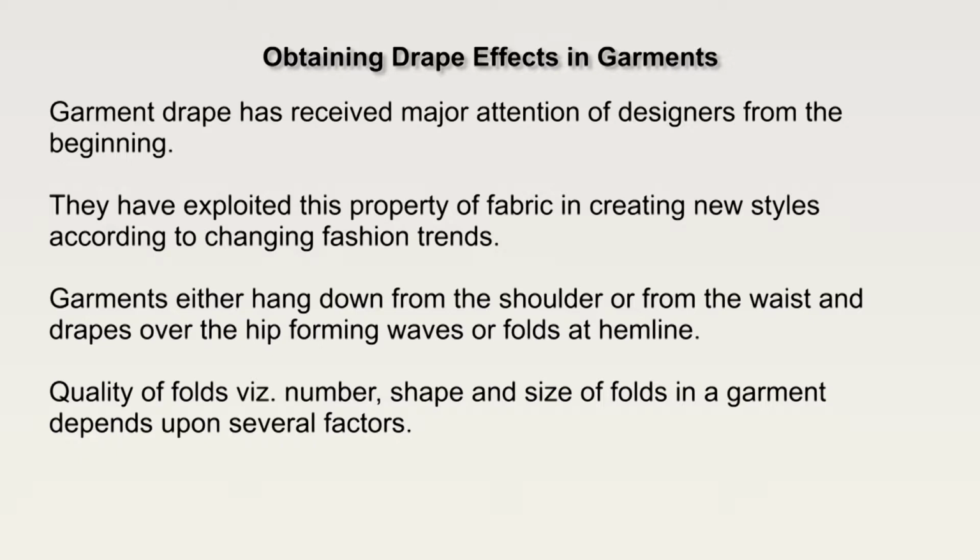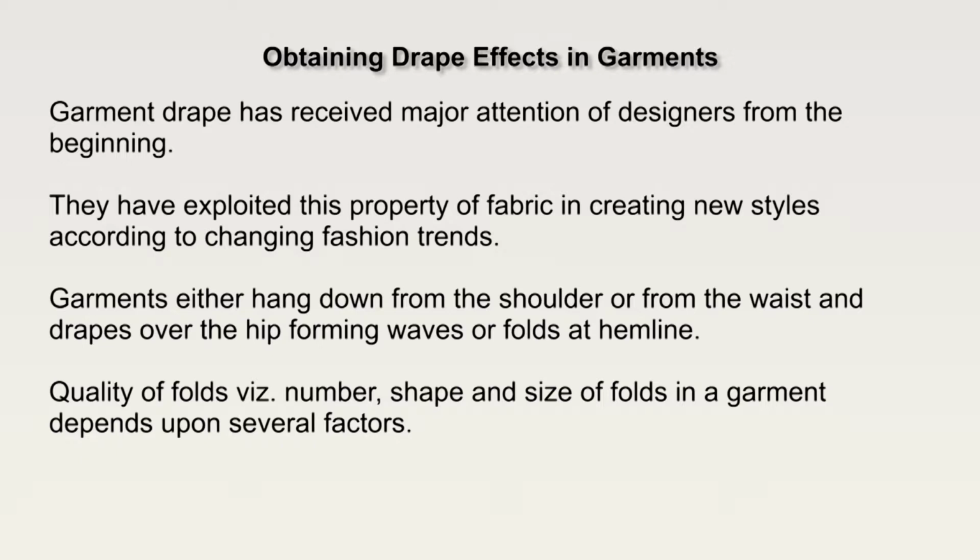Obtaining drape effects in garments. Garment drape has received major attention of designers from the beginning. They have exploited this property of fabric in creating new styles according to changing fashion trends.